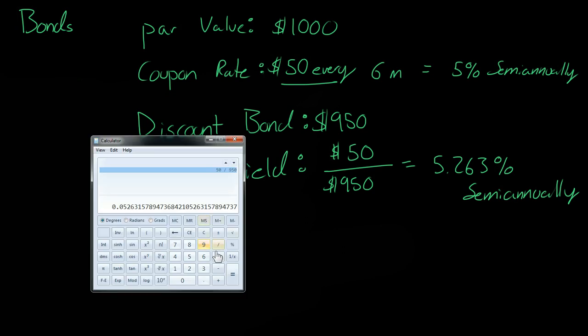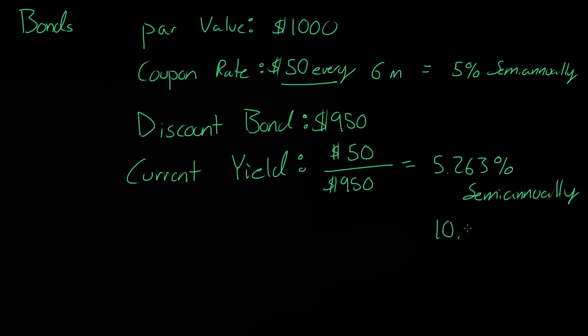Well, we just multiply that by 2 because there are 2 semi-annual payments per year. So we get a 10.53% interest rate. So that is our annual interest rate. Annual I. So I just means interest rate.